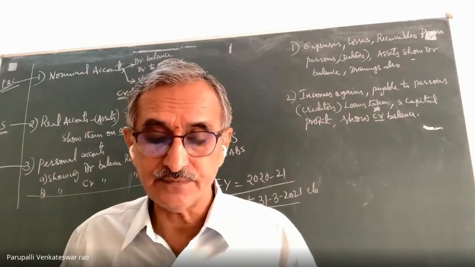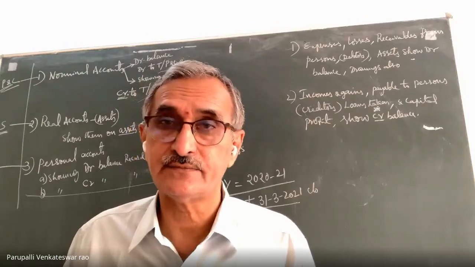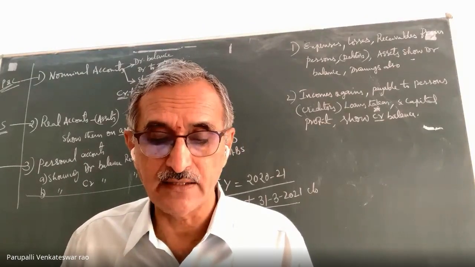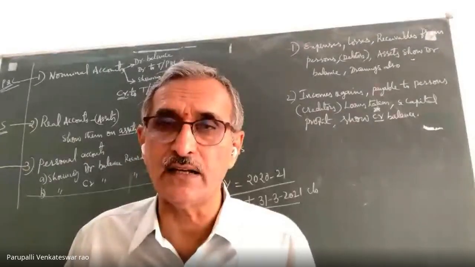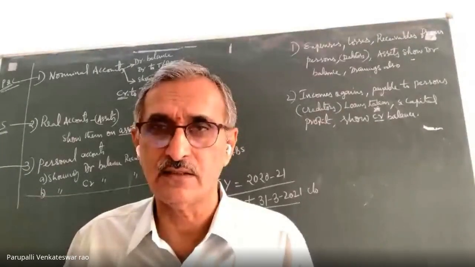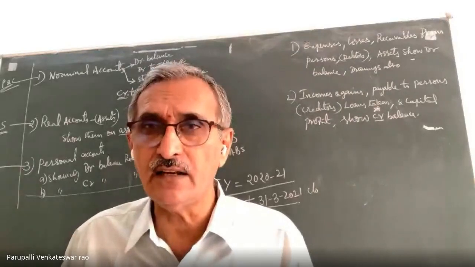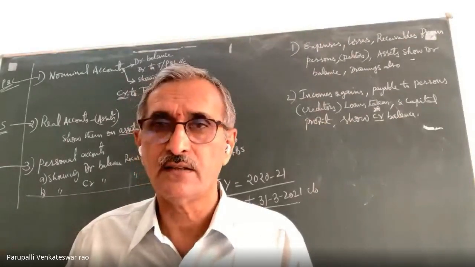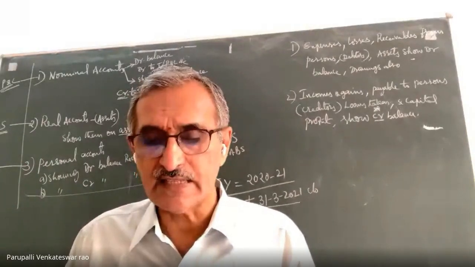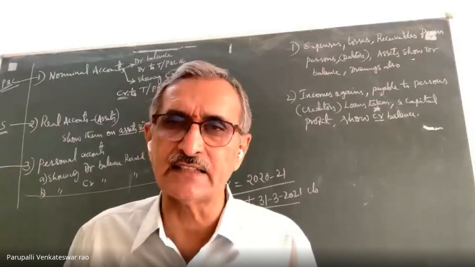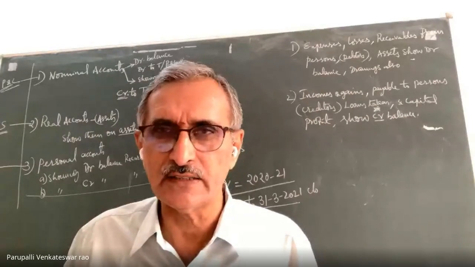Next one, credit side. Credit side of the trading account: sales. Sales is a major income for any business organization. Sales is the single largest income for any business. Sales minus any sales returns during that year, which are in the trial balance.